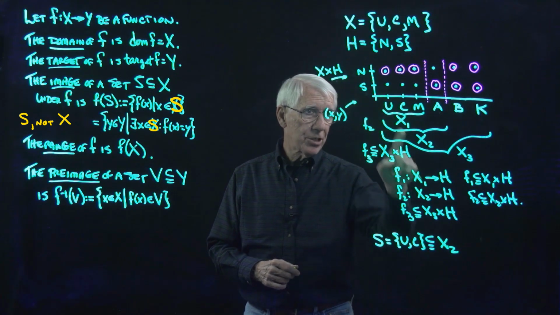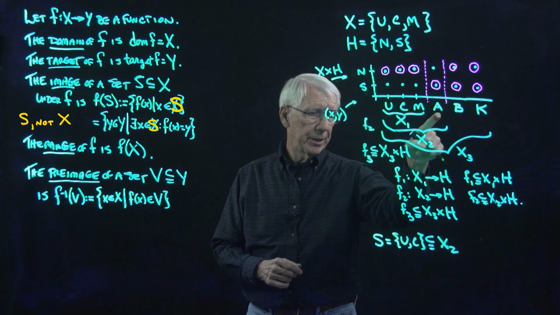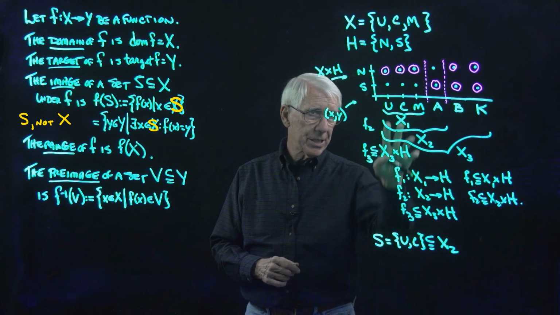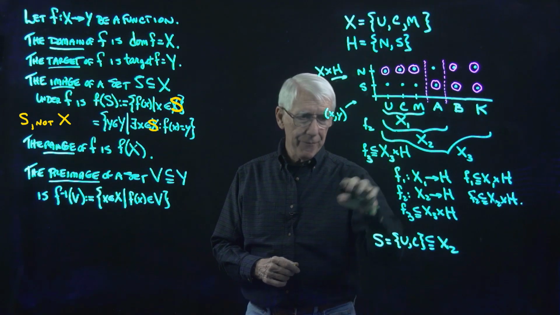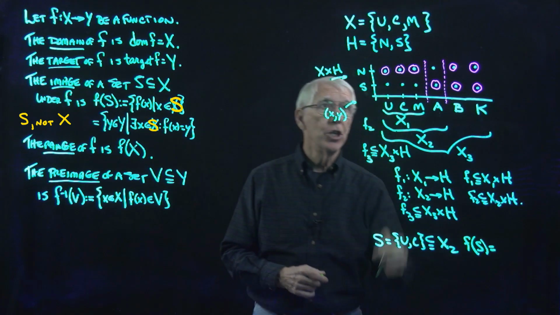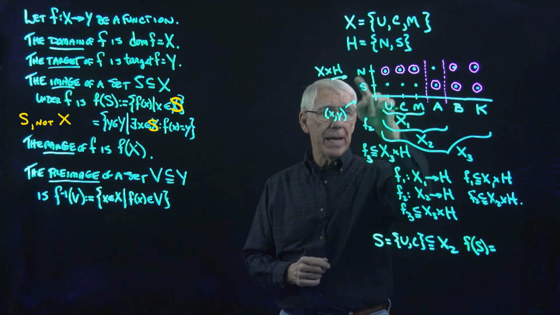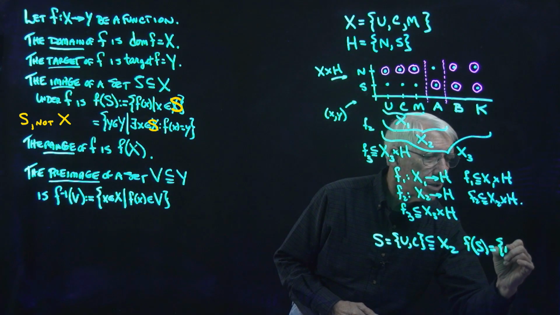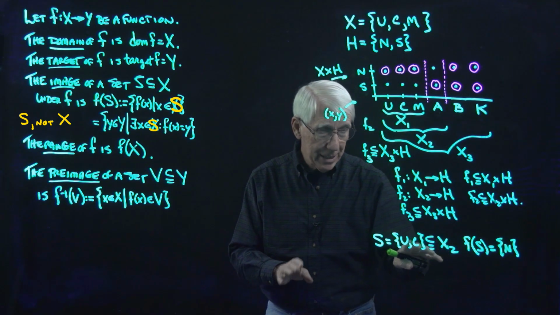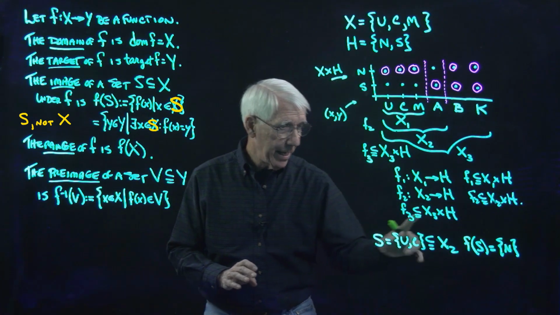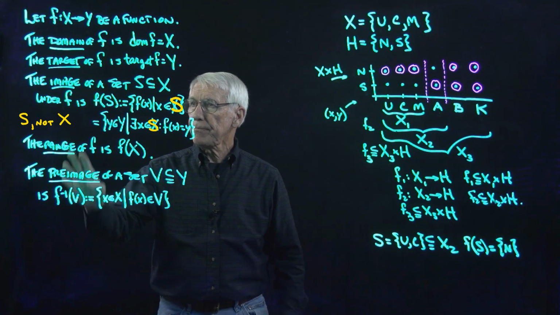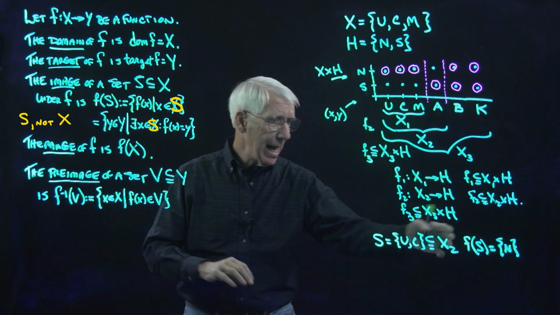So capital X2 has the four elements here, and if I just look at U and C, I have a set S that has two elements, and F of S is just the set consisting of N. So notice, as simple as it is, this is actually a good example because it emphasizes that the image of a set is not a point.